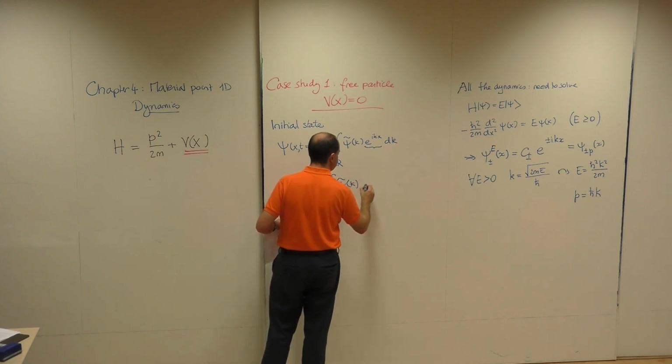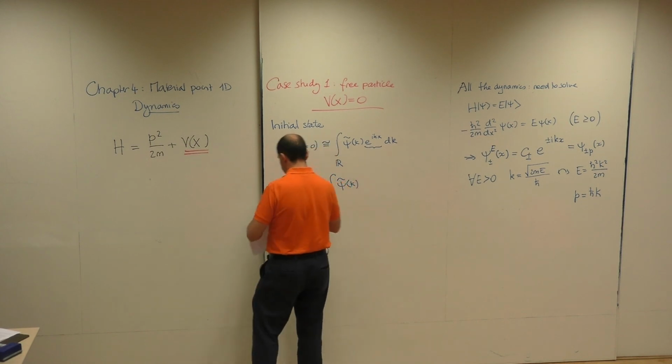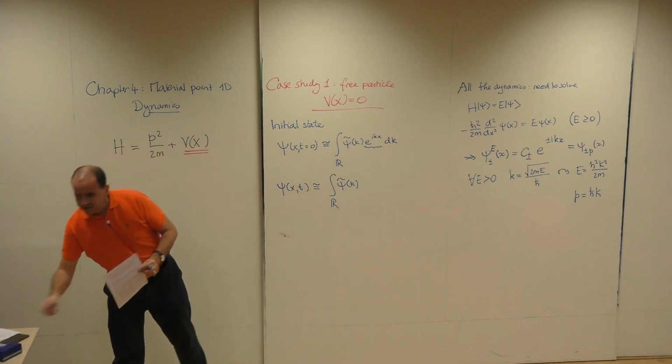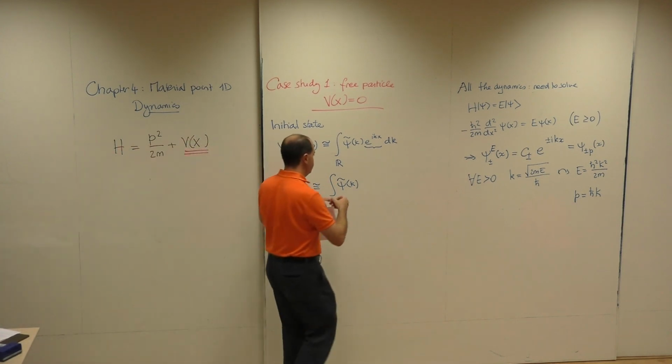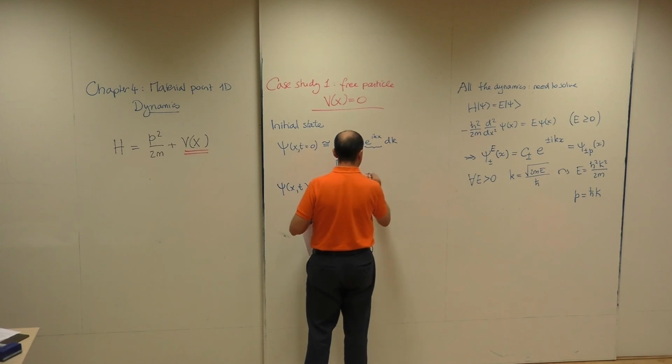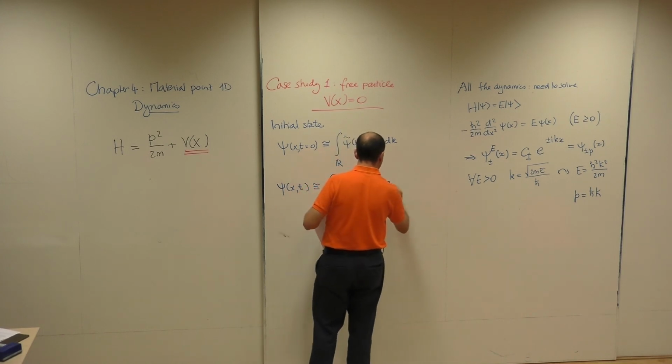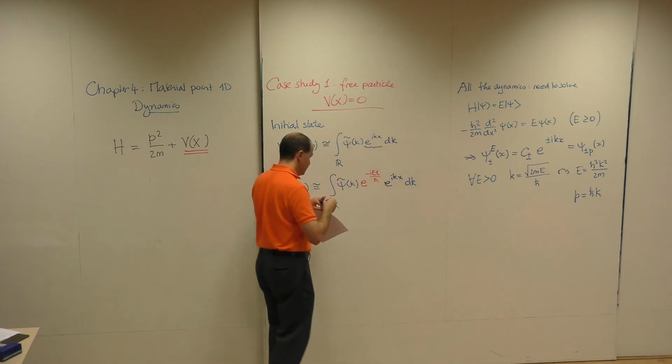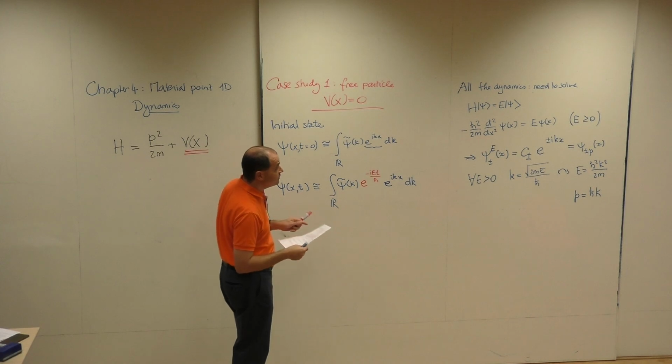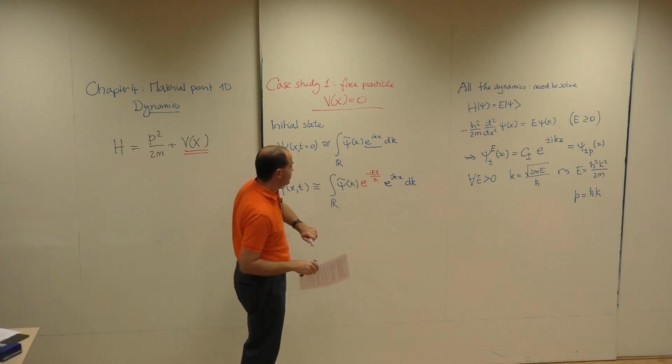And this fellow gets, let me write it in red, gets its energy. So e to the minus i E t over h bar, e^{ikx} dk. And now what is E? E is written down there.